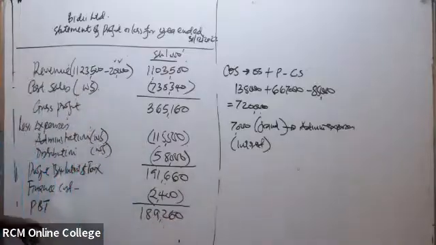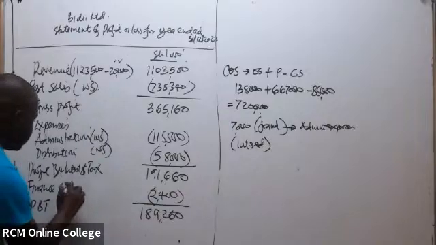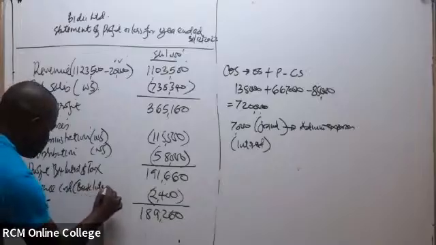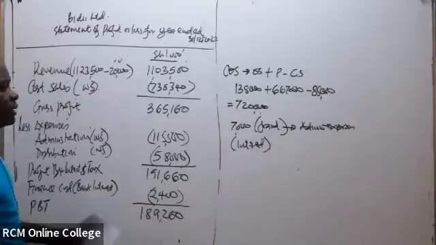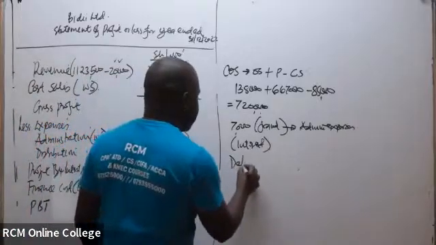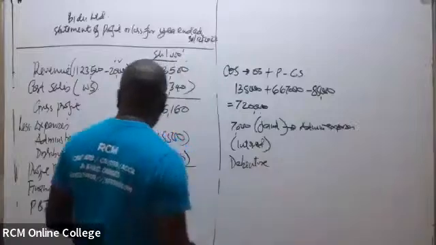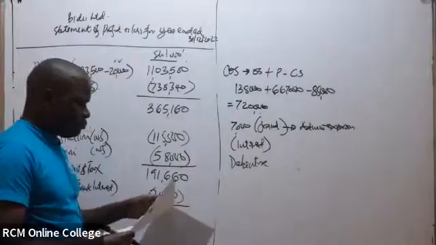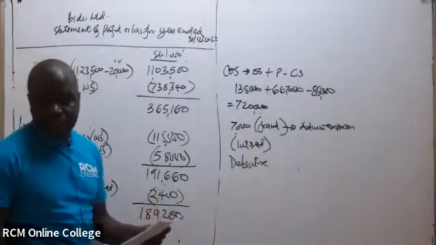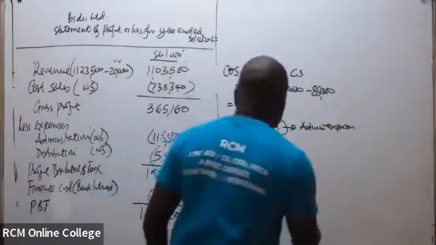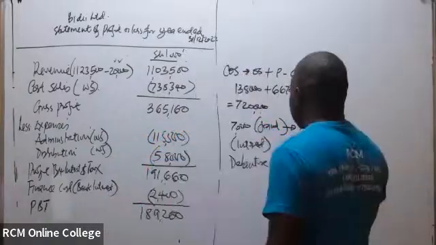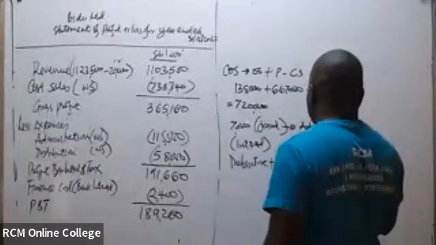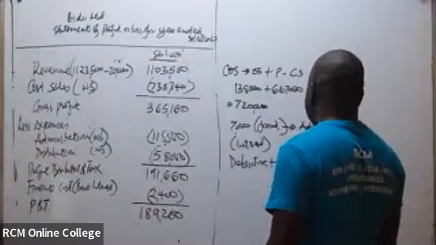Remember, this one is the bank interest, which is given in the trial balance. If we had, for example, debentures, we would have still added the debenture interest as part of the finance cost. If in the trial balance we also had preference, like in our previous question, it was comprising of debenture interest and preference dividends that were actually paid.